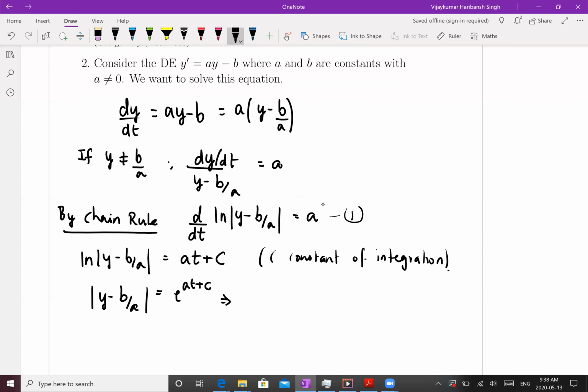This would mean y minus b by a is going to be plus or minus e to the power at plus c, which is plus or minus e to the power at times e to the power c. And I can combine this as the constant, so we get what? Let's call this A, another constant, e to the power c.